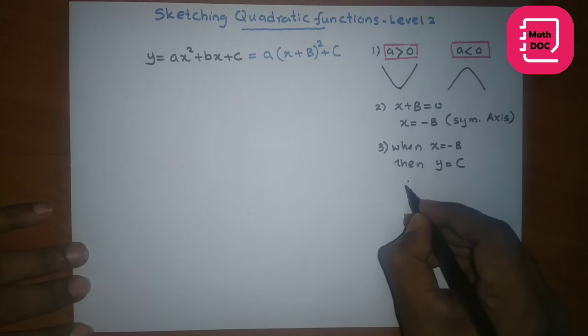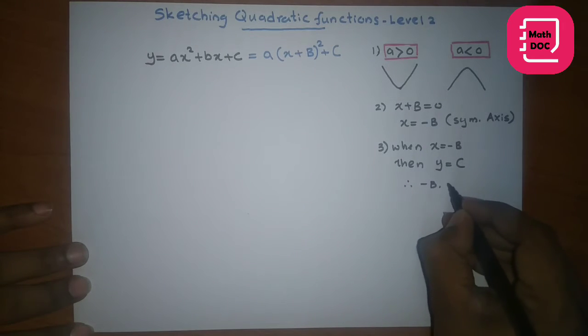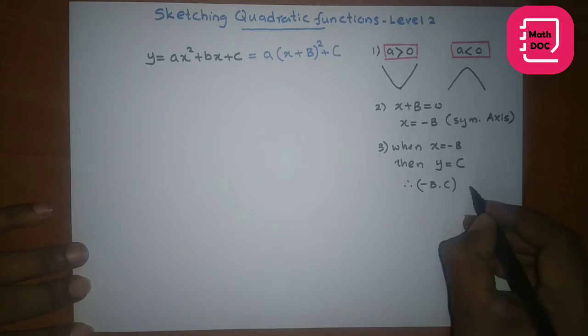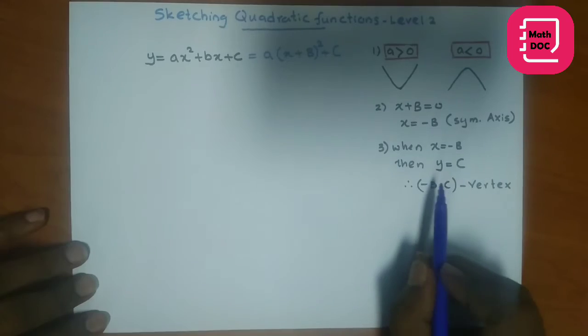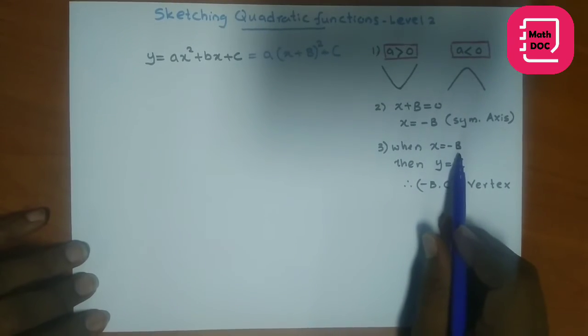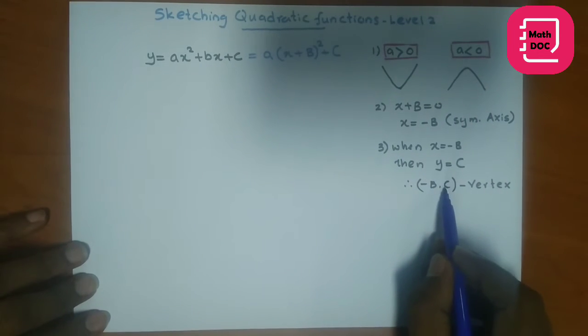Therefore we say the x value minus b with corresponding y value c is the vertex. Here when x equals minus b, the y value is c, then the vertex is (minus b, c).